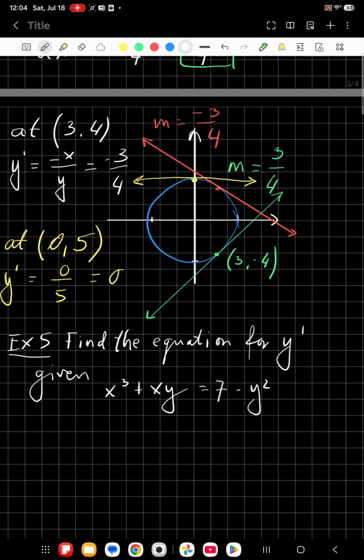You can also try this by yourself, at least try to find the derivative of that. And I'll show you how to find that equation for y prime.